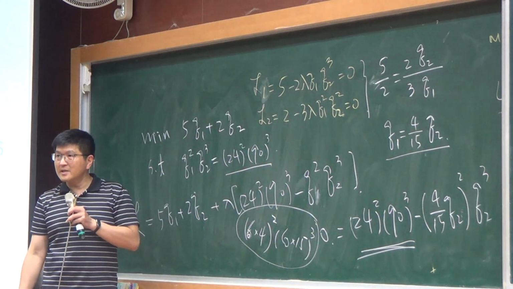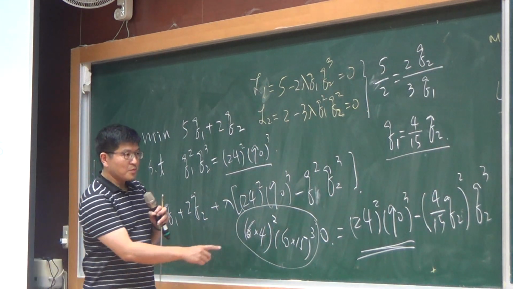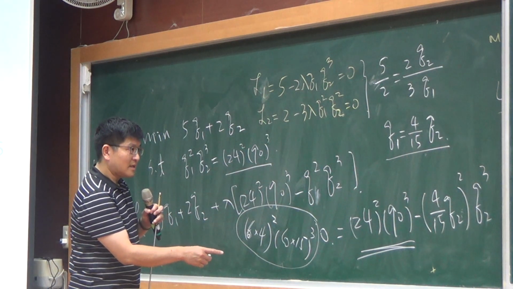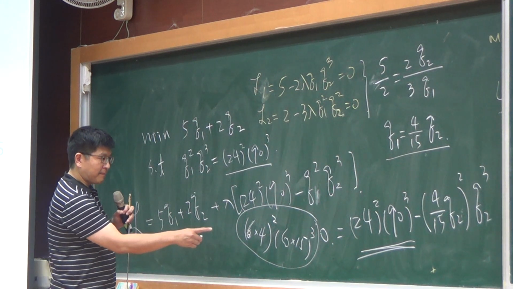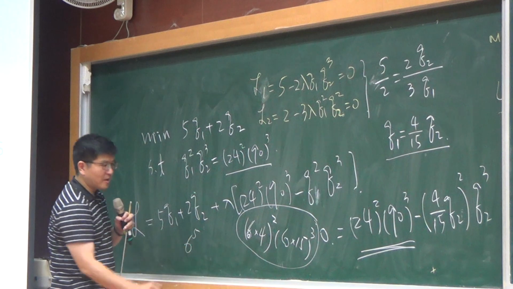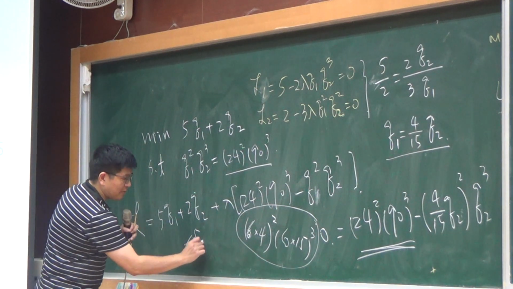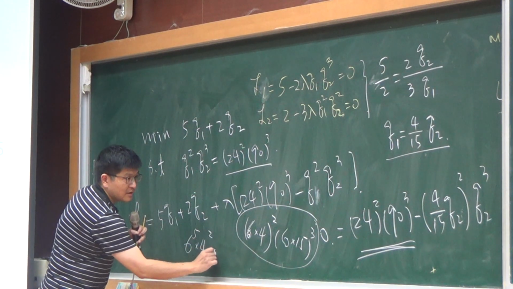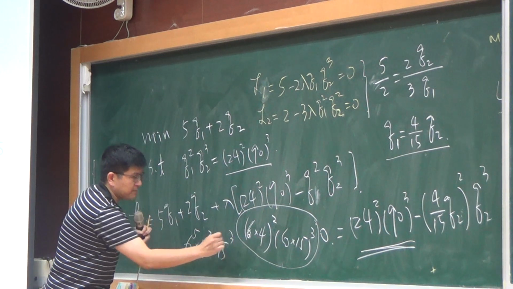Okay? So it would be something like 6 to the power of 5, 4 to the power of 2, 15 to the power of 3.